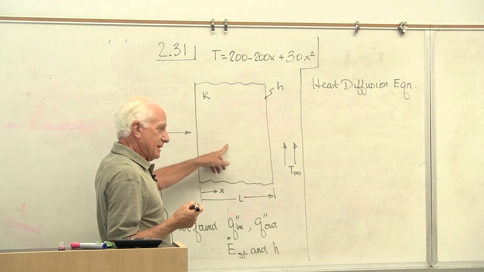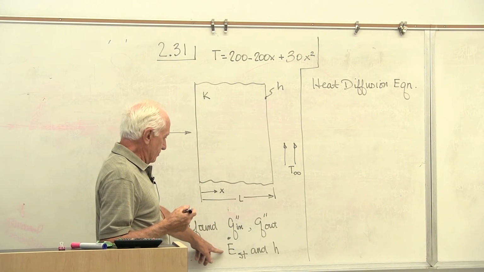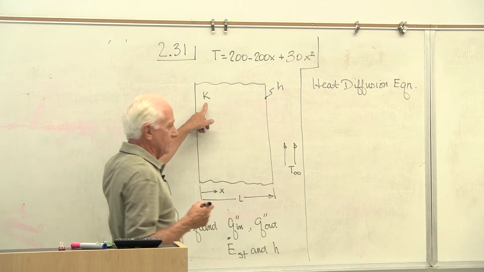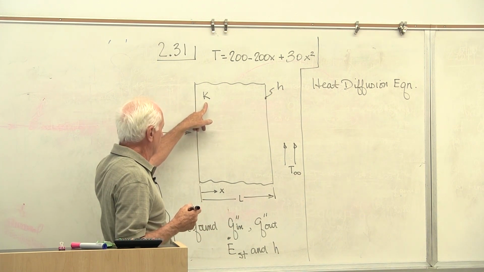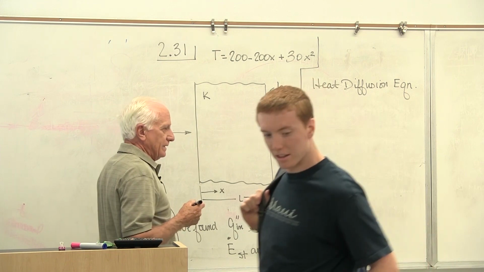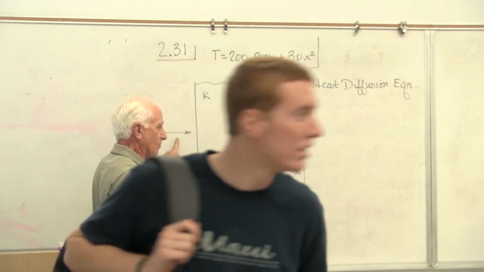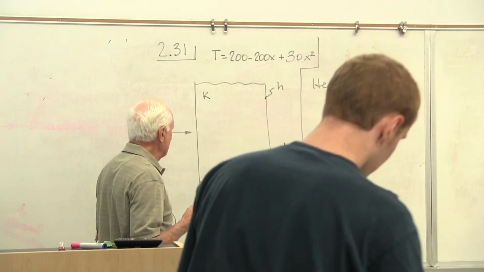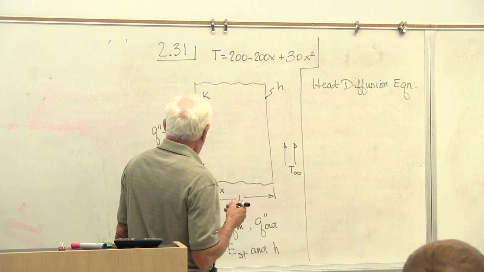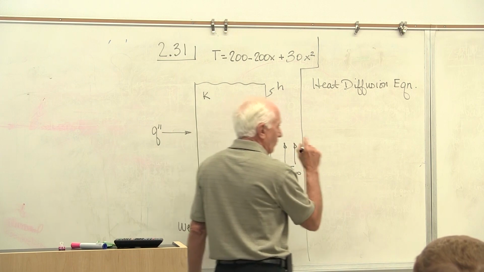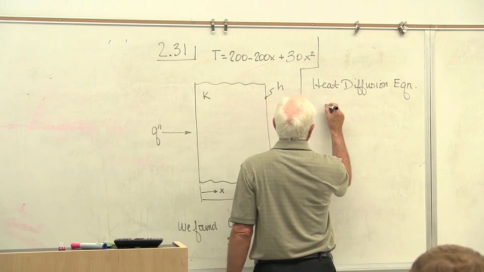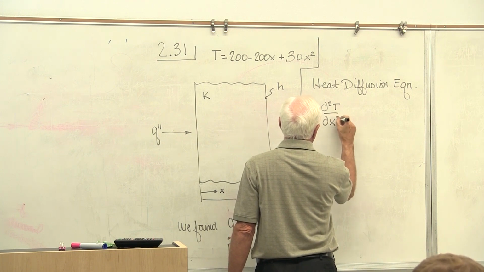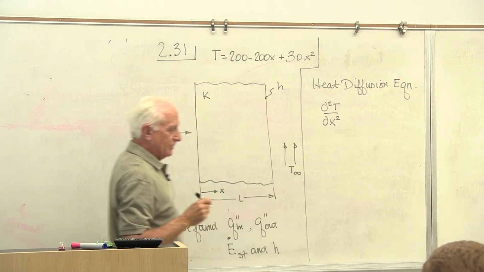Is it steady state? No, there's a storage term. Is it constant properties? I think so. K was given in the problem. Is it 1D heat transfer? Yeah, I think so. The arrow points left to right. Heat transfers left to right, X direction. So 1D, so all we have here is the second partial of T with respect to X. Any generation internally?